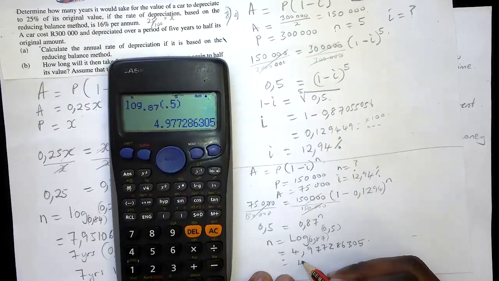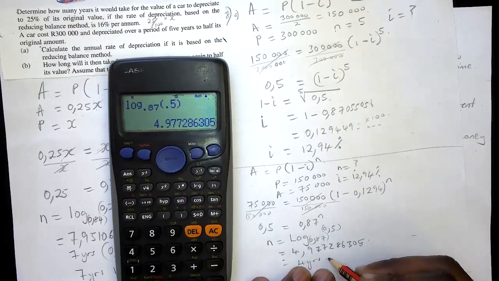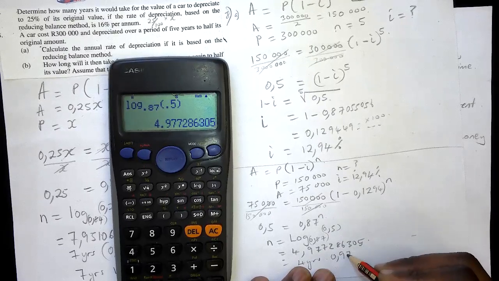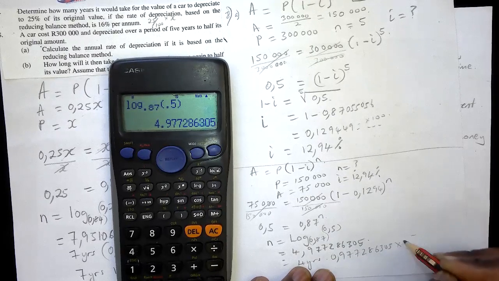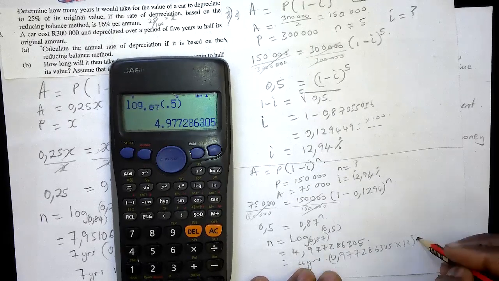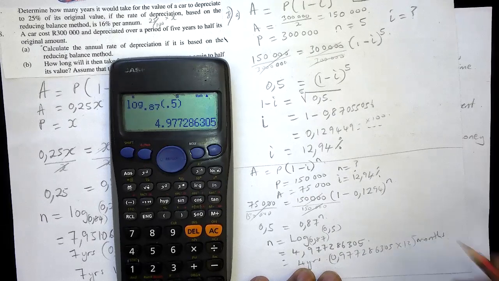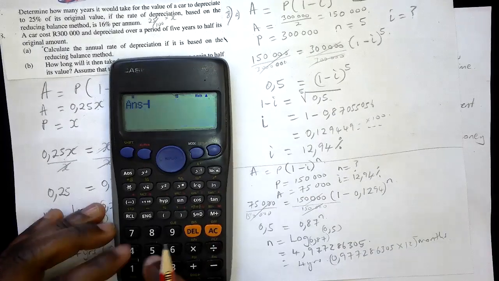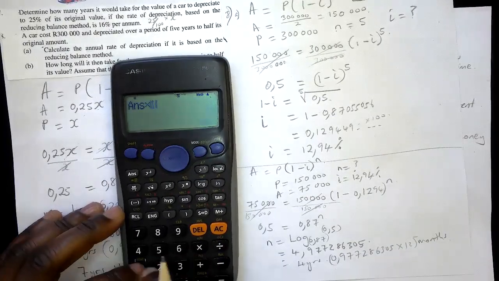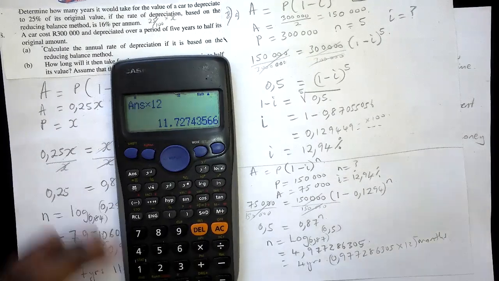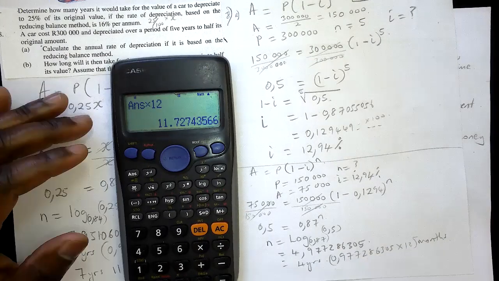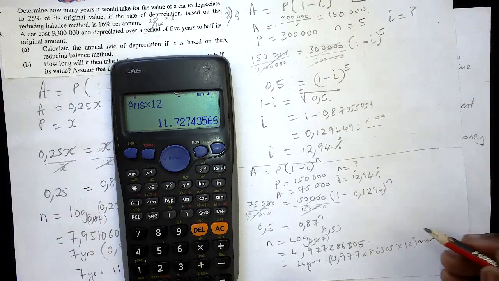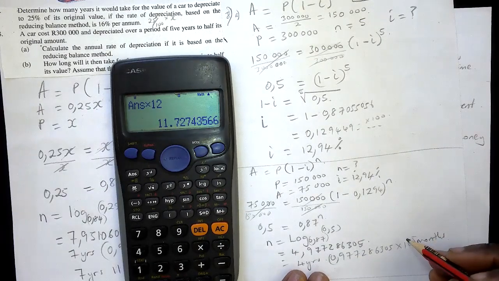Now, what do we know now? It's going to be 4 years. Then 0.977286305 times 12, and these are months. You subtract 4, then you say times 12. Then you get 11.7, which is approximately 12 months.